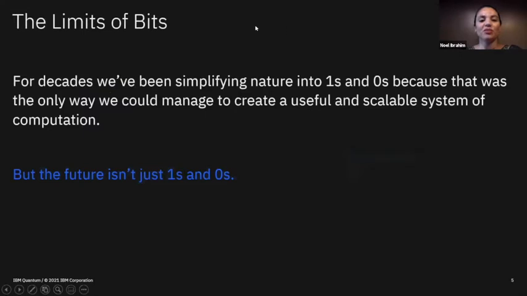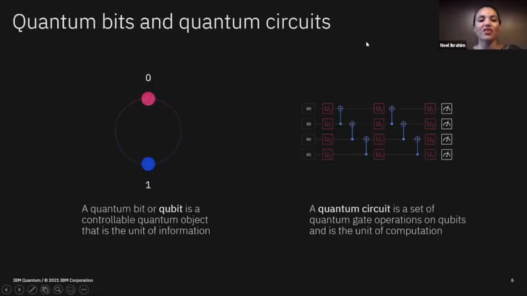So for decades, we've been describing the world in terms of zeros and ones. I'm sure you are all familiar with the classical bit, which takes on the value of either 0 or 1. But the fact is, the future isn't just zeros and ones. The future lies with qubits, and qubits, like classical bits, can take on values of 0 and 1, but they can also take on values that represent linear combinations of 0 and 1.